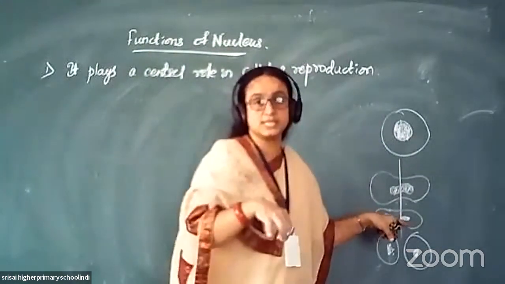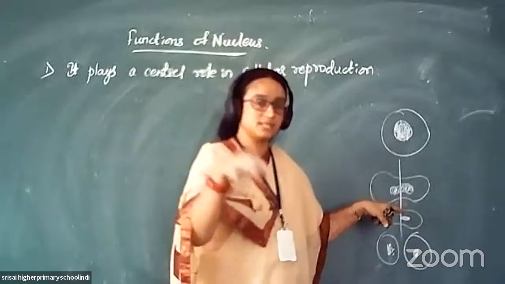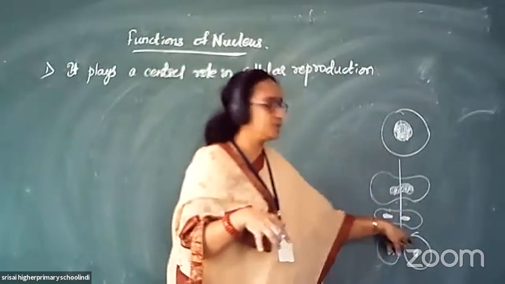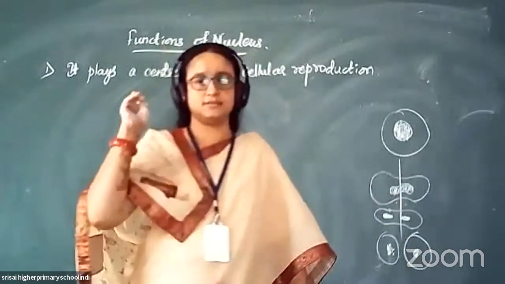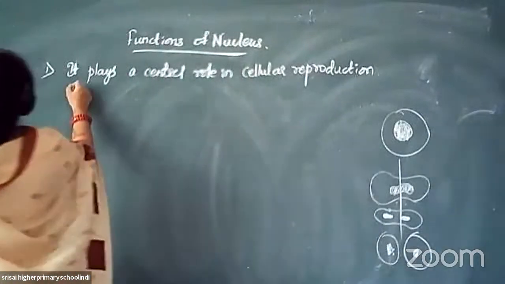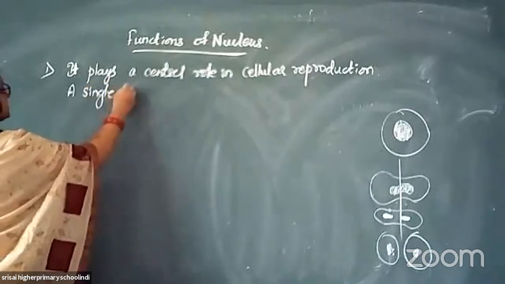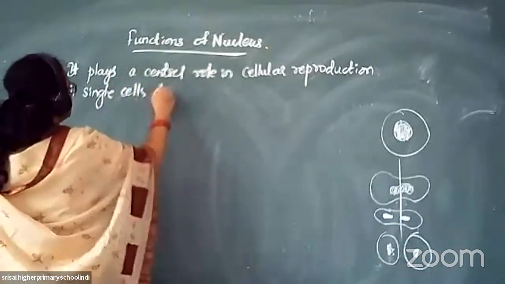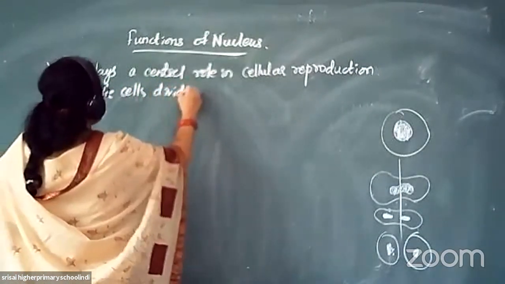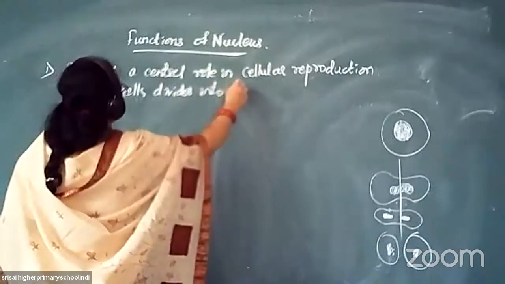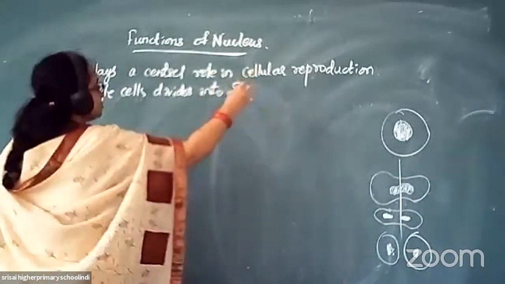First, it divides itself and tells the cytoplasm and cell membrane to divide, and then you'll get the two cells. So what you are going to get? A single cell divides into two cells.